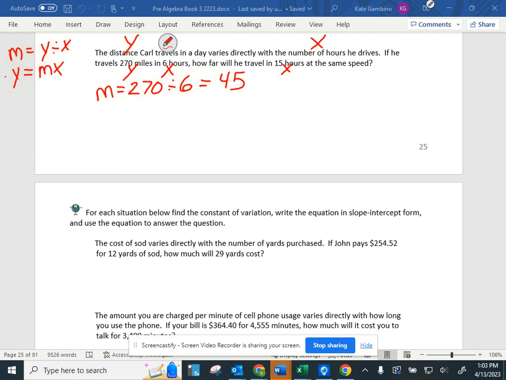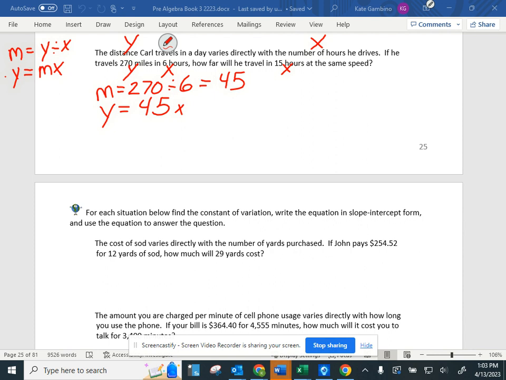So now, my second step, I need to put it into slope-intercept form. How do I put that into slope-intercept form? Tatum: Y equals 45x. Now, I need to answer it. So what equation do I write to answer how far will he travel in 15 hours at the same speed?